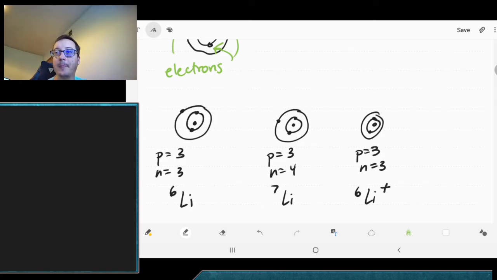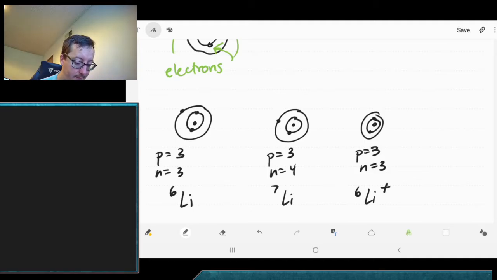I'm going to tell you these are all lithium atoms. We can talk about these subatomic particles. They're all lithium atoms, but I've changed a few things in the second two cases from the first one.